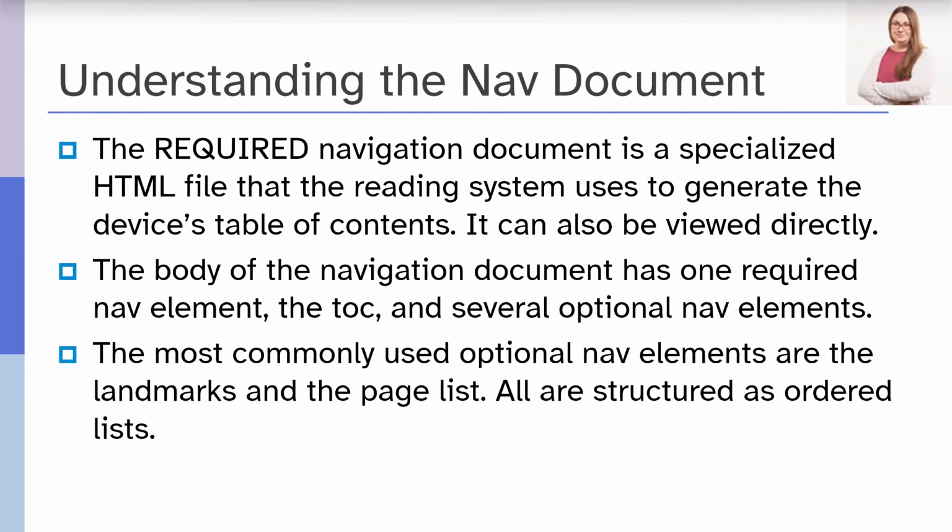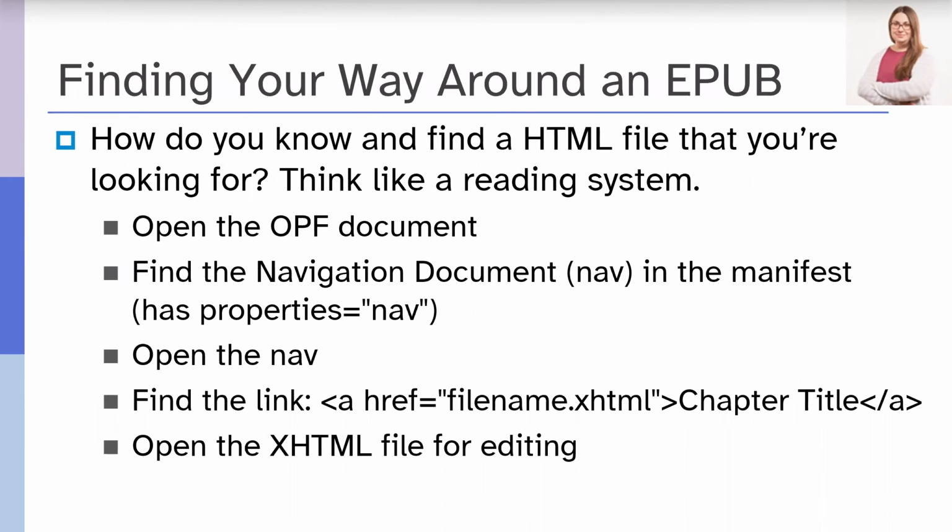If you're an editor of an ebook, and you're looking for ways to make changes within the content, you can find your way around the EPUB by thinking like a reading system. So you are going to look for that navigation document, which is going to be inside the OPF. You're going to open it up and you're going to look for the different chapter titles.